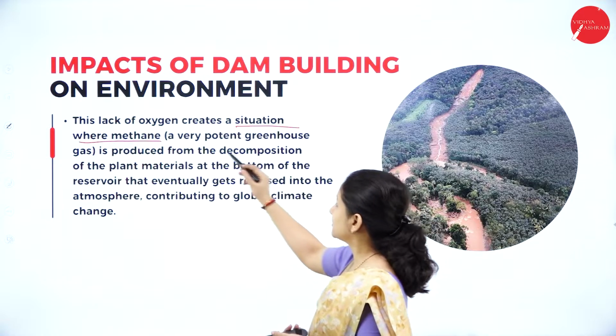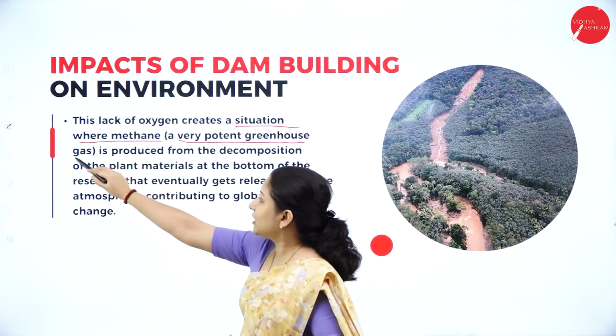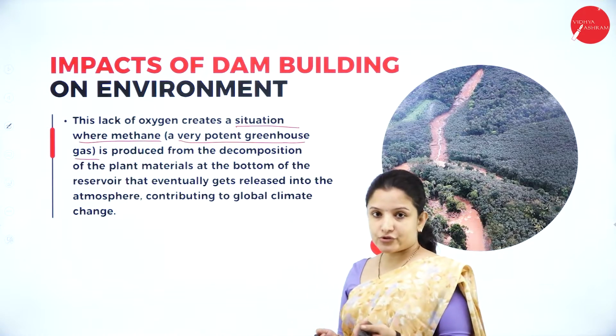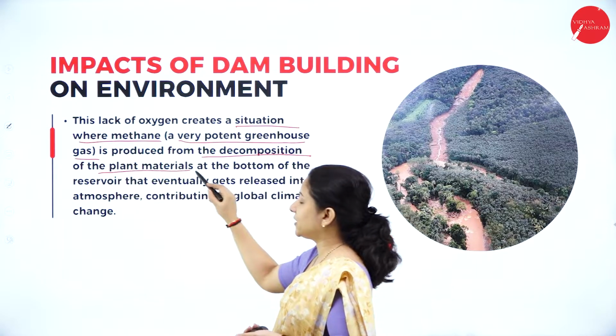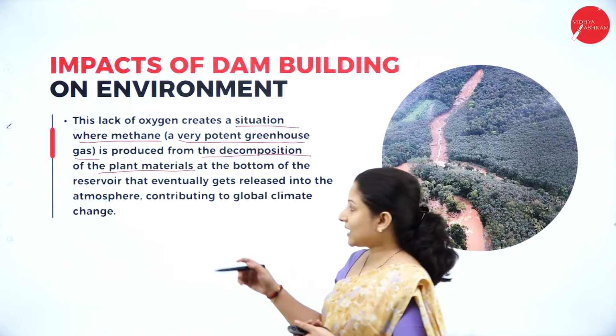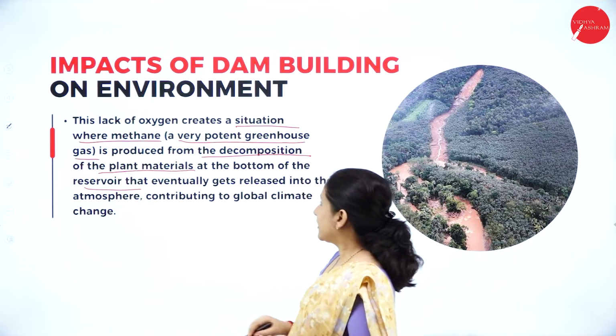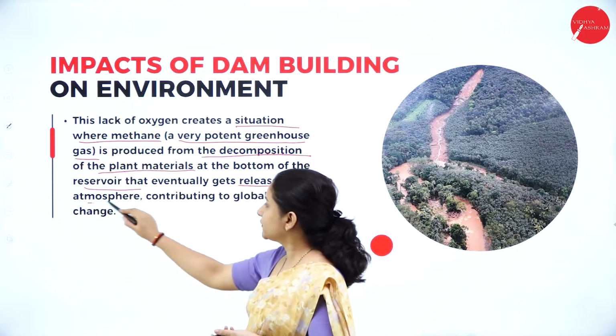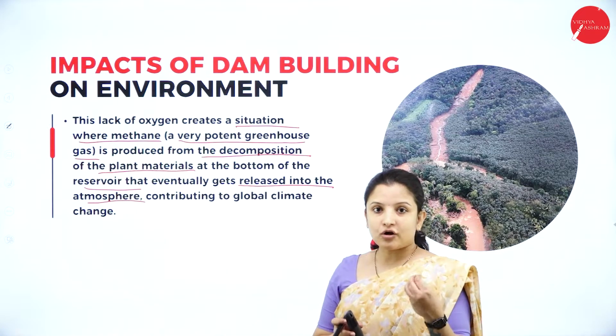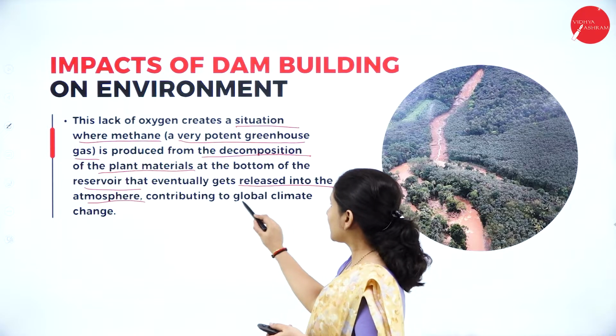So methane, which is a very potent greenhouse gas, usually gets produced because of the decomposition of the plant material at the bottom of the stagnant reservoir, and later on it can also get released into the atmosphere, therefore causing a major change in the climate.